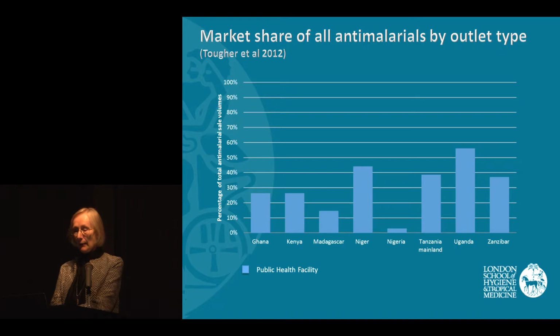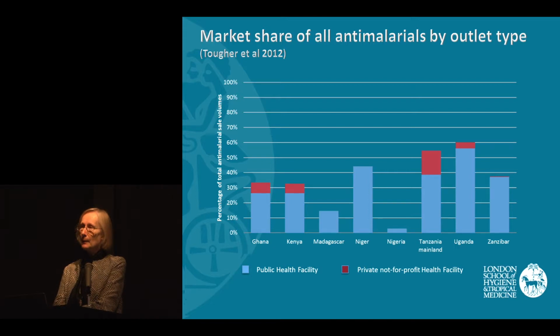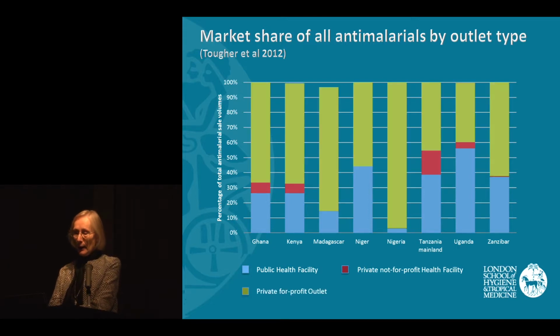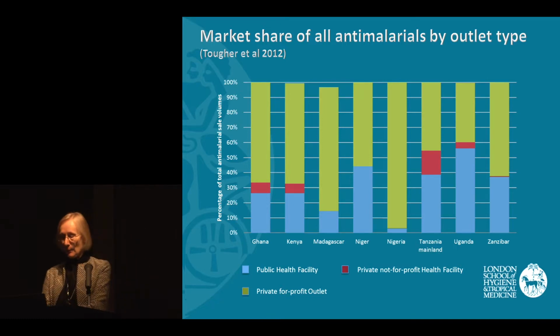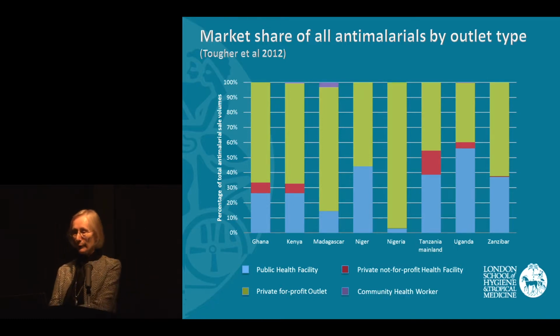That's the share that came from public health facilities. That's the share from private not-for-profit health facilities, mainly church facilities. And that's the share from private for-profit outlets, primarily shops. And then a very small proportion from community health workers.